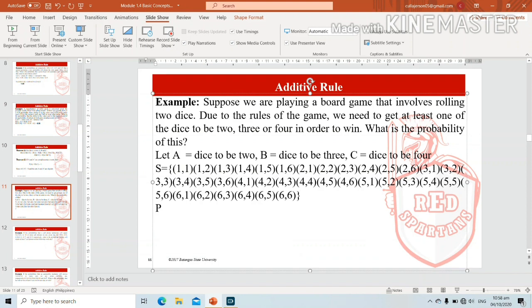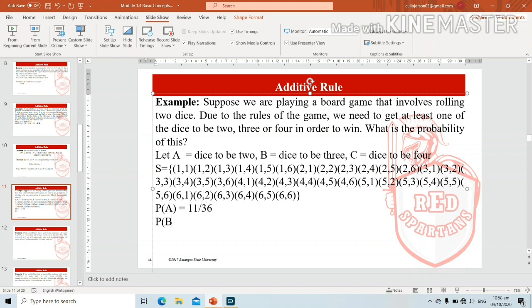Kunin na natin for probability ng A na ang lalabas ay merong 2. So, alin ba dyan yung merong 2? 1, 2, 3, 4, 5, 6, 7, 8, 9, 10, 11. So, ilan ba yung total natin? Ibig sabihin 11 over 36.